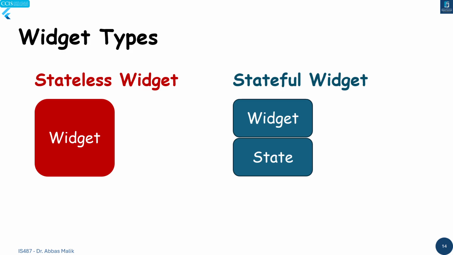So the state can change, but the widget cannot change. This makes things easier and more certain when we are opening different applications and creating different types of widgets. When they are immutable, things are certain and there is no confusion. We will come back to this later.